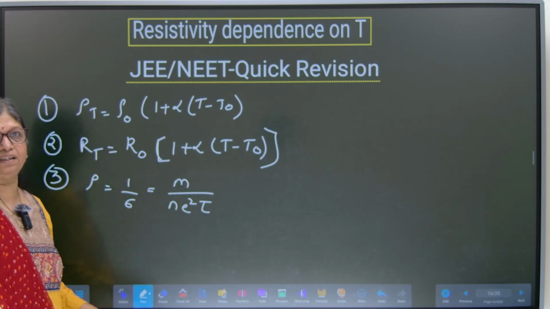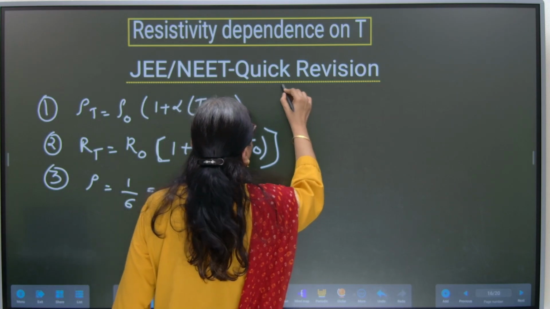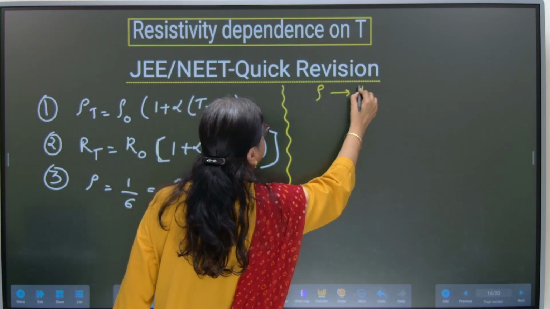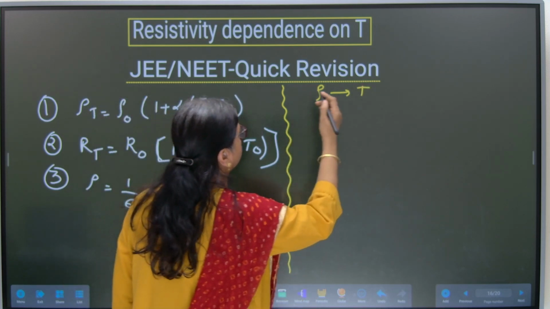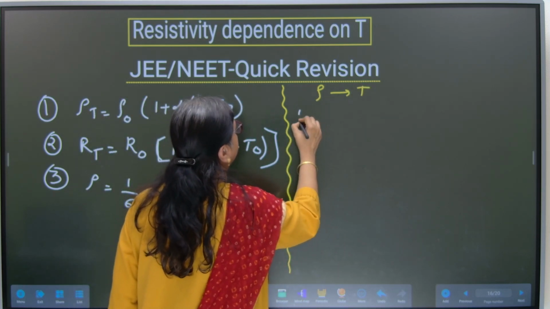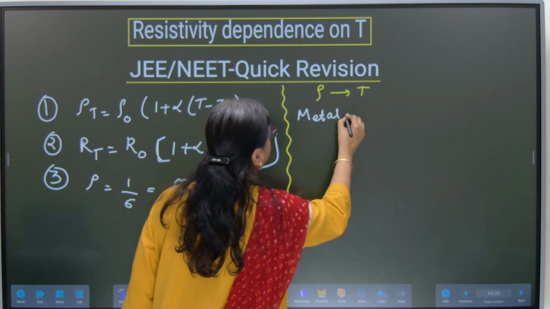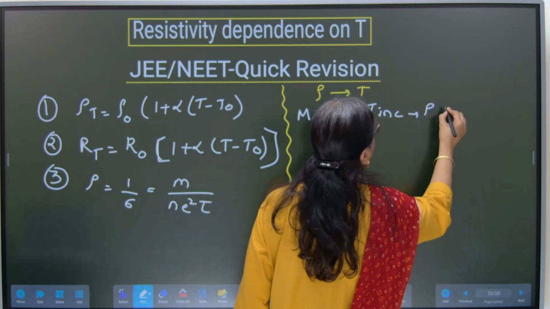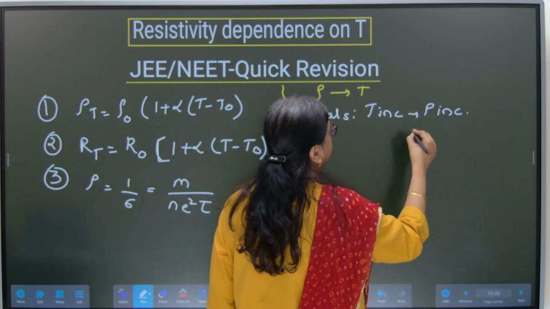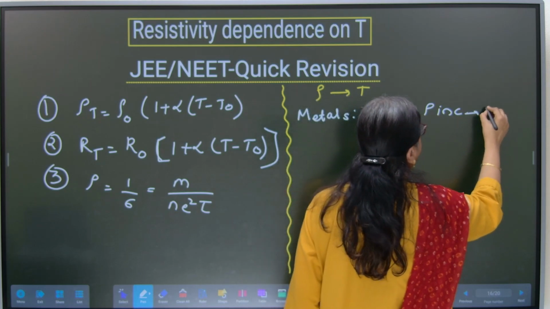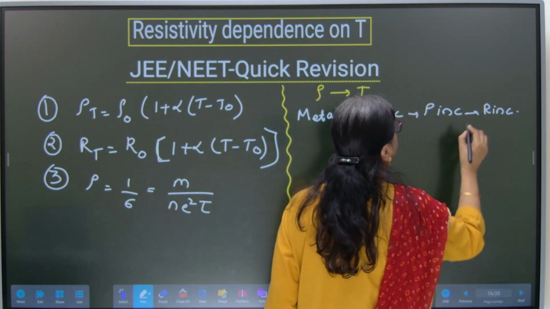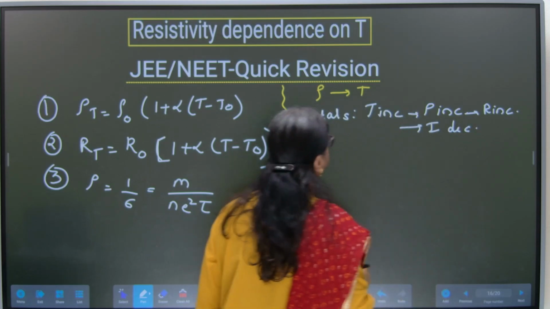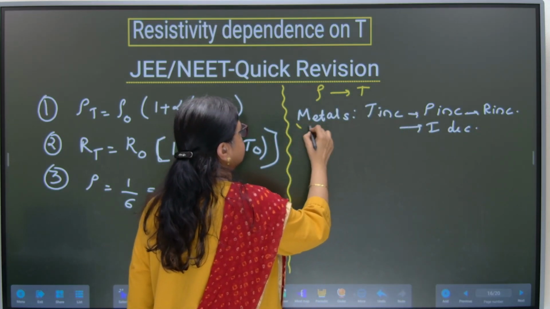Using that concept, we plotted graphs of rho versus T, and found out for various materials, that is for metals, as temperature increases, rho increases. If rho increases, resistance increases. If resistance increases, current decreases. This is for the metals.